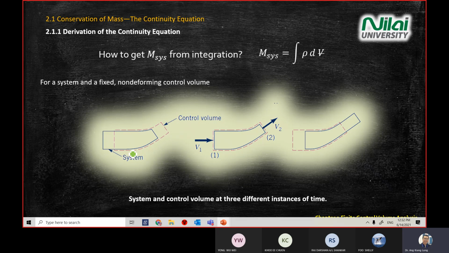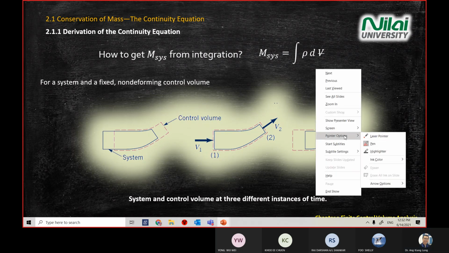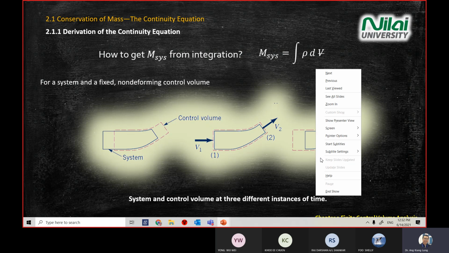So the first idea, when you talk about control volume, you draw the line and make sure the line doesn't move. You fix it to that particular position, and then you study what is happening inside the control volume. Okay. So for the middle diagram here, after you draw the control volume, let me use the red color.